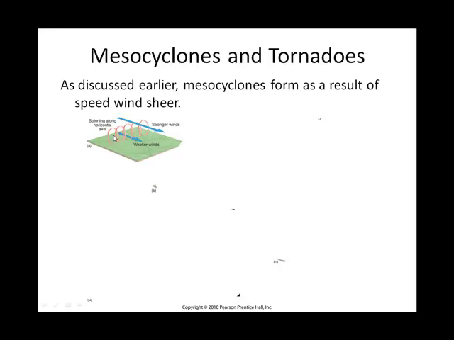So this is our pineapple laid horizontally. I've heard this described: if you take a pencil and rub it between your two palms, that's what happens if you have a fair bit of wind shear. So the winds are getting strong pretty quickly as you go up in elevation. You can get that sort of roll of horizontal air. And then that roll of horizontal air can be lifted up by an updraft.